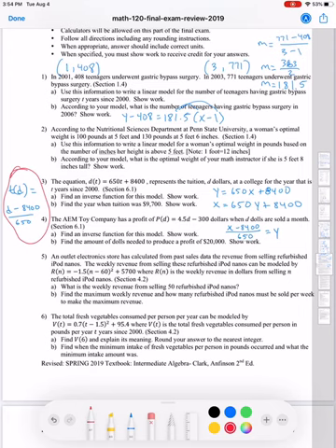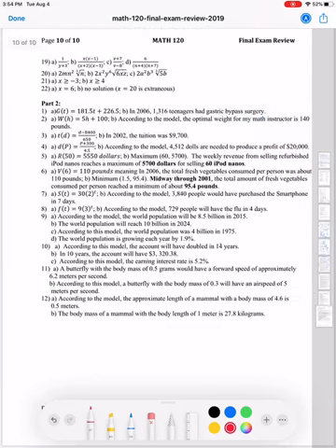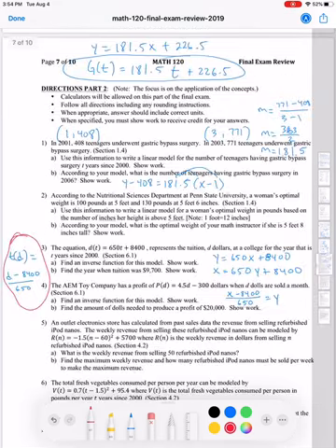So now the tuition for 3B, find the year when the tuition was 9,700. You replace 9,700 for D and evaluate. 9,700 minus 8,400, whatever that is, that's 1,300 divided by 650.